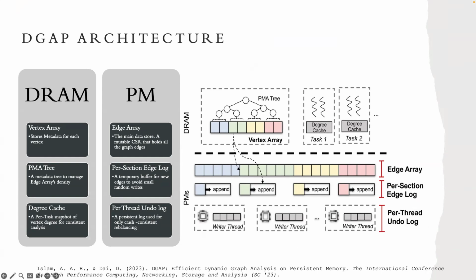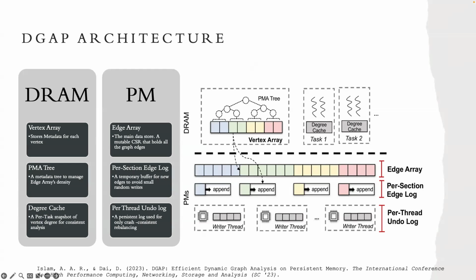So DGAP actually makes a compromise, which is that we write into the per section edge log first. So it's mostly a sequential write. We are just adding the data. Using this log is to avoid the in-place write. Yeah, it's apparently fast. The log is only there to avoid the in-place write, and we are just appending the data into the logs.